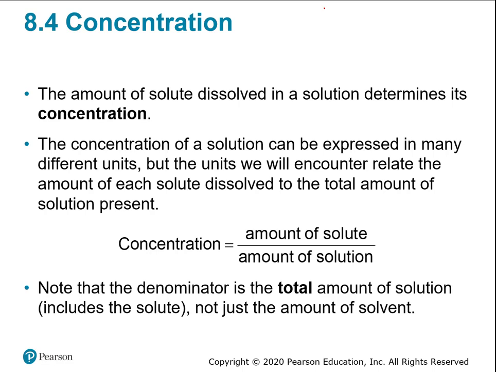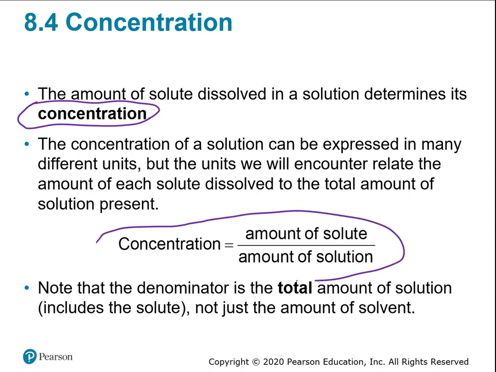So when talking about concentration, the concentration of something is just how much solute is dissolved in a certain amount of your solvent as a solution. Okay, so there's a number of different types of concentration.